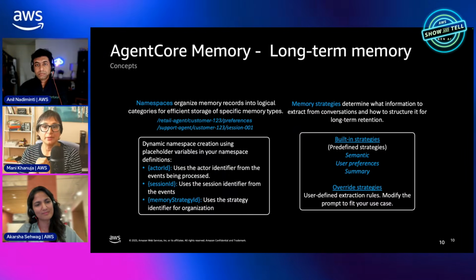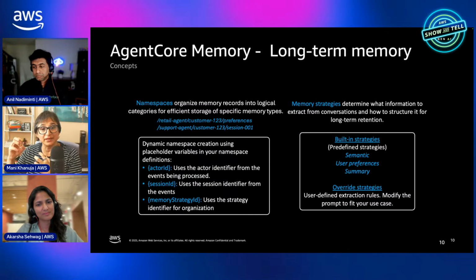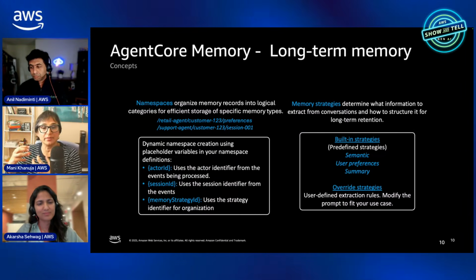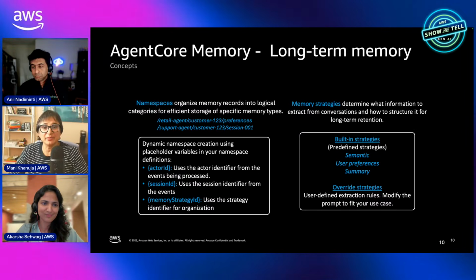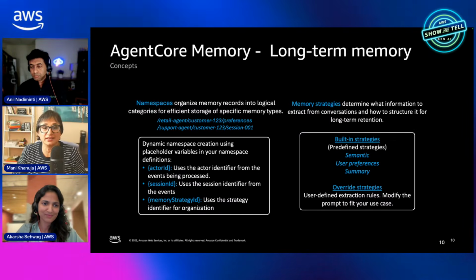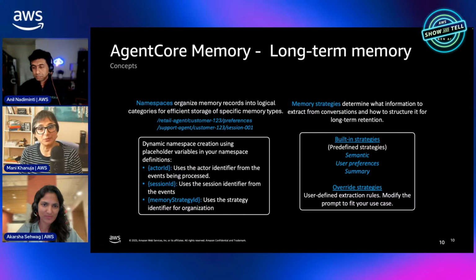Long-term memory extracts the processed information from the short-term memory and goes into the long-term memory. But how does it really go? And how do we organize our long-term memory? Because long-term memory can span across sessions, right? So how do we organize it? That's where the concept of namespaces comes into play.